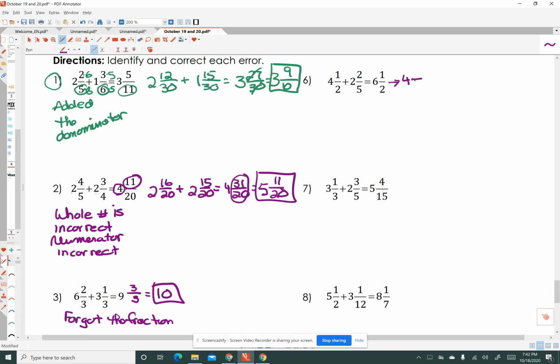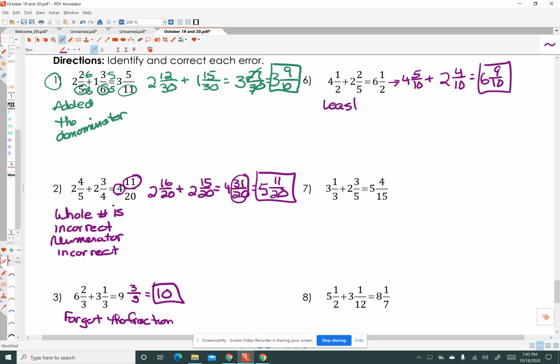So that should be 4 and 5/10 plus, I'm sorry, that should be a 2, 2 and 4/10, which would equal 6 and 9/10, and that would be the proper answer. So the fractions were written in the least common denominator incorrectly.